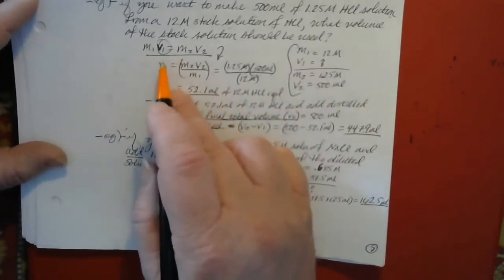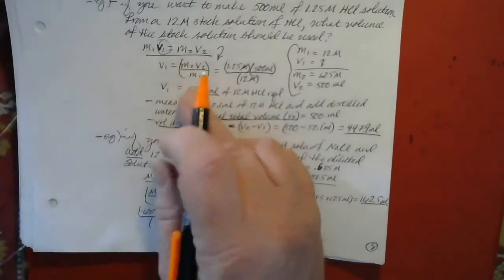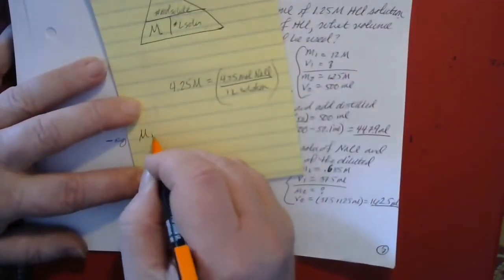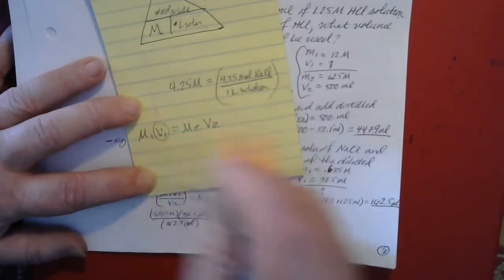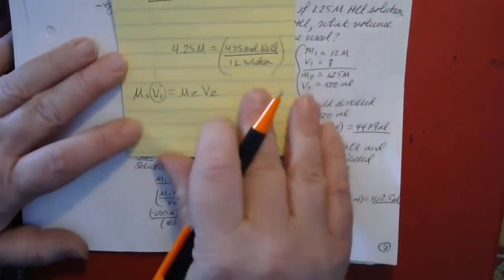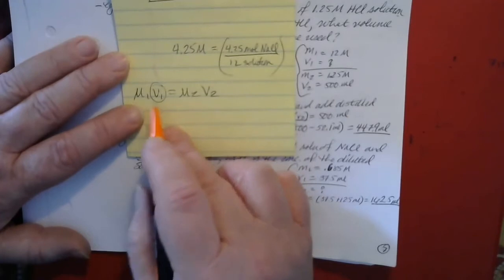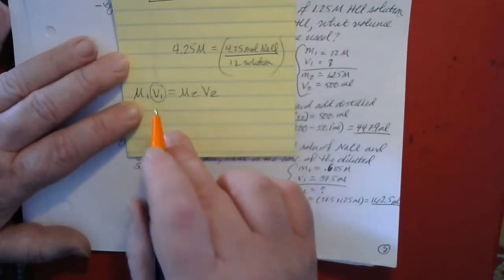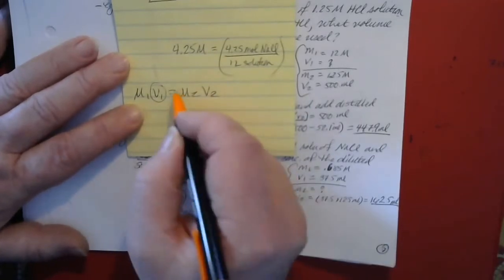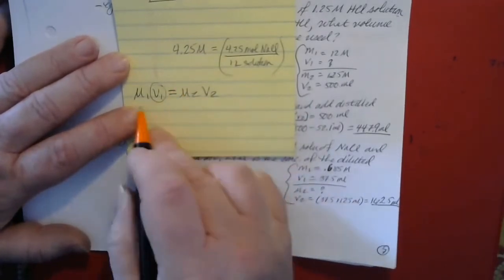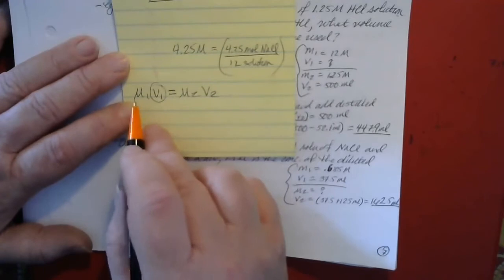If you just rearrange this equation algebraically, M1V1 equals M2V2. If you want to solve for V1, that just means you need to get V1 by itself on one side. It's already on the left side, so it'd probably be easiest just to leave it there. That means, though, that you have to cancel out M1.